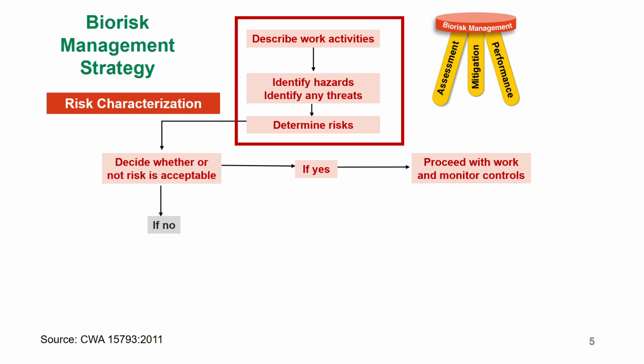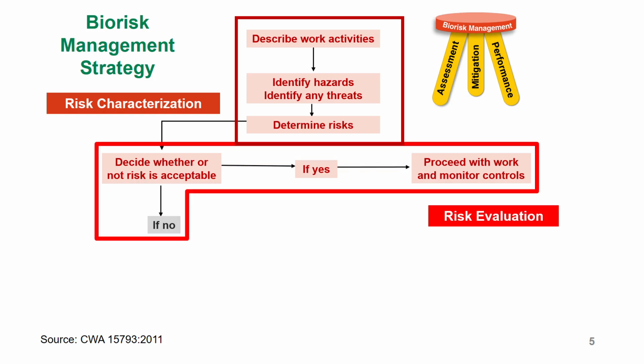As a laboratory, if you have the resources, the manpower, and the know-how, and you are sure that you can reduce or eliminate this risk, it means that at this particular point, when you say this risk is unacceptable, you need to start preparing your risk control measures, or put up your risk control strategy.